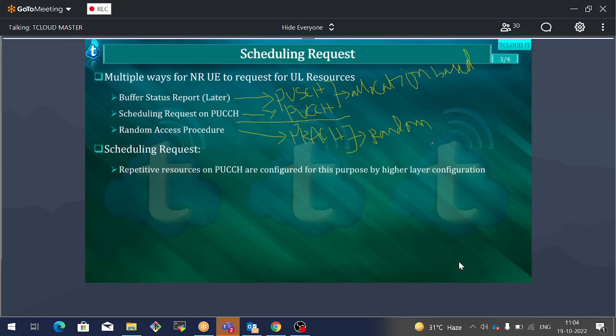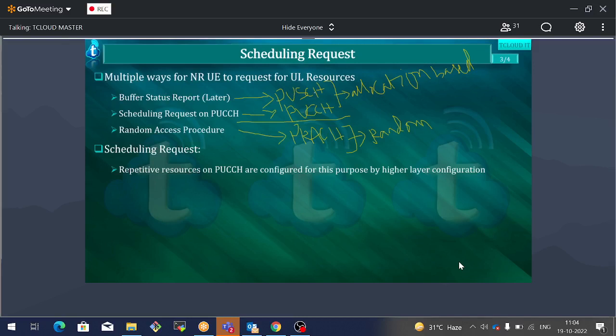Now, what is the answer I'm expecting after explaining that property? When do you use which method to request uplink resources? When you have PUSCH resources available, you can send a buffer status report.